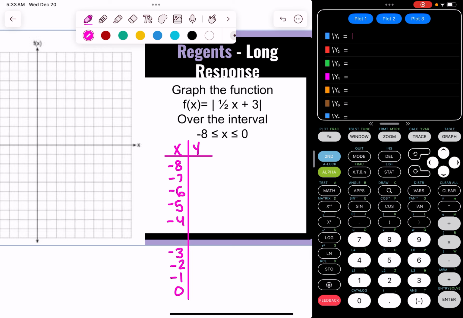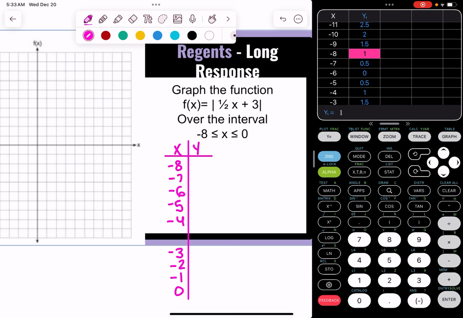All right, absolute value of 1/2 x plus 3. Good. And let's go to a table. Negative 8 is 1. Negative 7 is 0.5. 0. And then it starts repeating again. 0.5, 1, 1.5, 2, 2.5, and 3. Okay, this is our vertex.